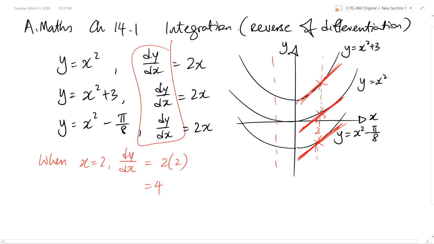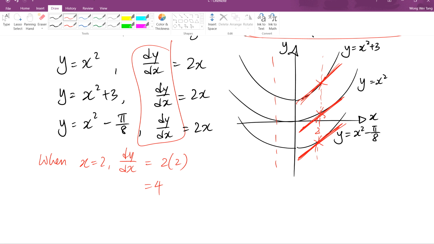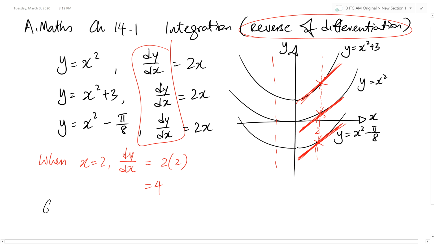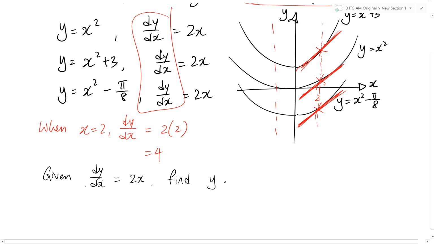So when we say that integration is the reverse of differentiation, we are saying that we start off with a given dy over dx equals 2x, and find an expression for y. So we work backwards. Quite clearly, based on dy dx equals 2x, y has many options.